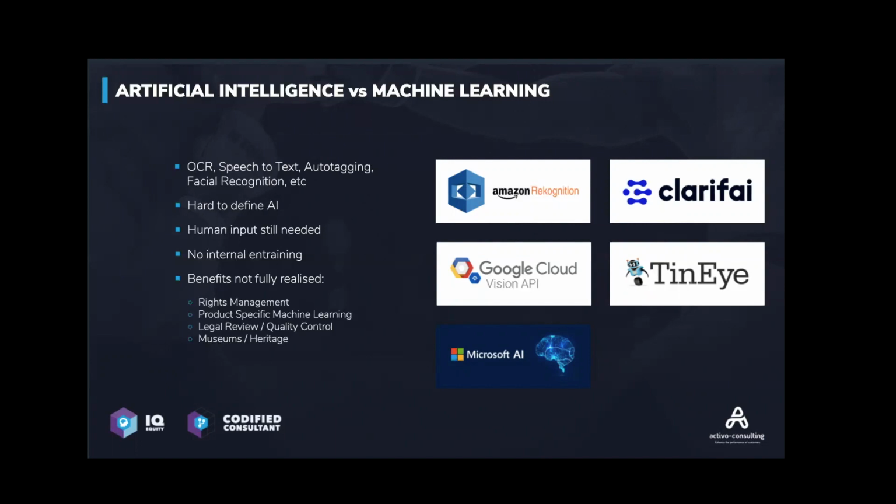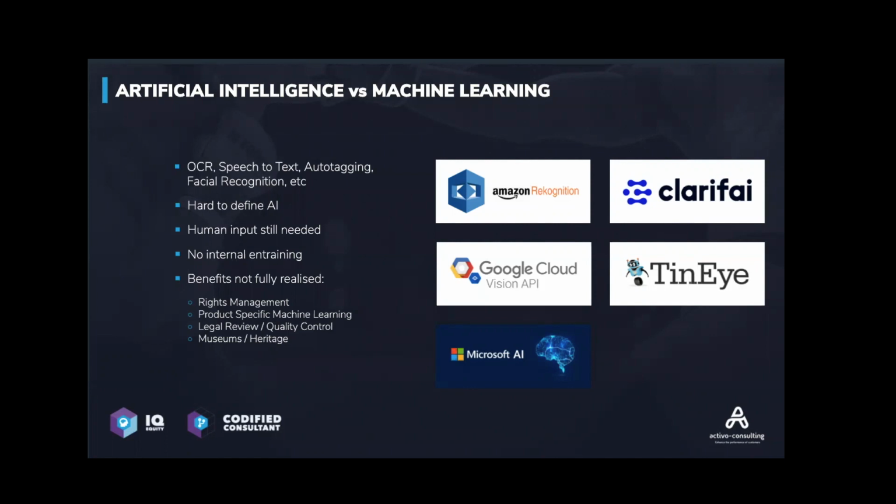The second is that by having it as an external service, the auto tagging doesn't really learn your specific data, as the data set that it's being trained on is actually the whole web, or as near as damn it the whole web. The vendors who are doing really well here have machine learning technology within the product itself.